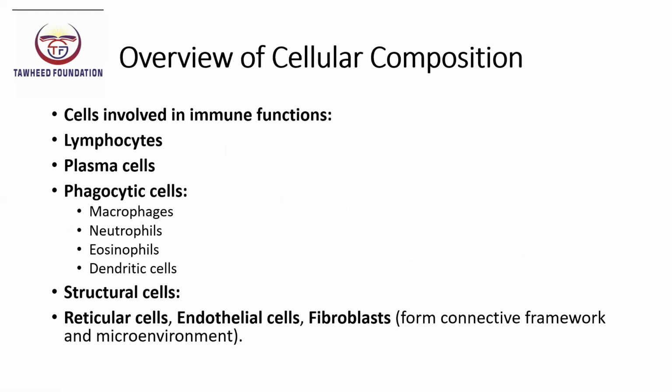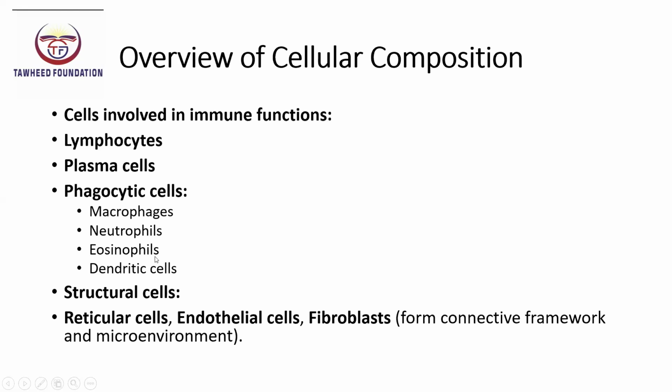Next is cellular composition. The lymphoreticular system consists of both functional immune cells and supporting structural cells. The main immune cells include lymphocytes, plasma cells, and a range of phagocytic cells such as macrophages, neutrophils, eosinophils, and dendritic cells.